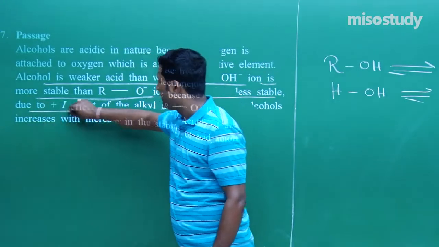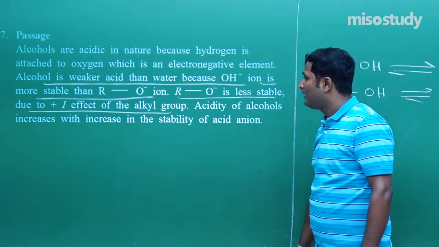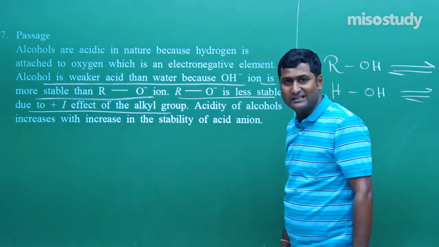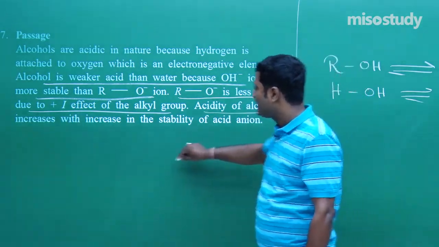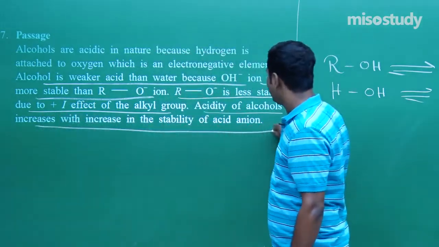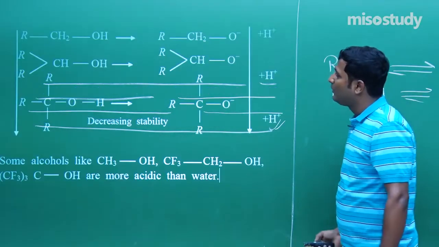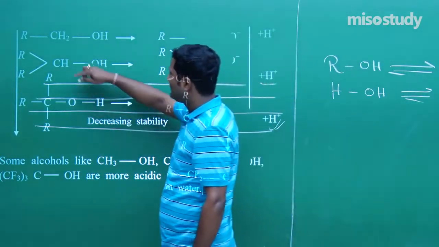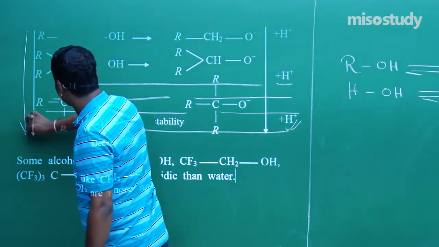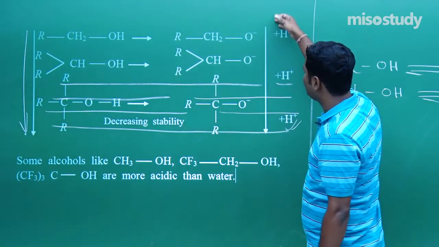Definitely if the number of electron donating groups increases, then the acidic nature decreases and the basic nature increases. Acidity of alcohol increases with the increase in the stability of the anion. Now look at this order. This is the decreasing stability and this is the decreasing acidic nature.